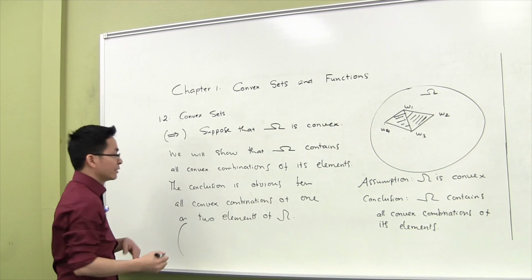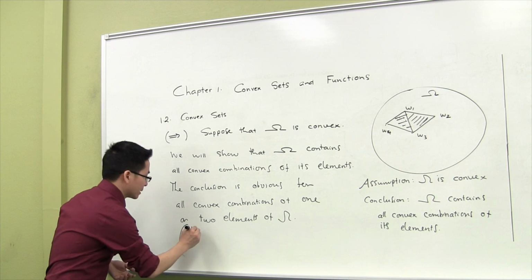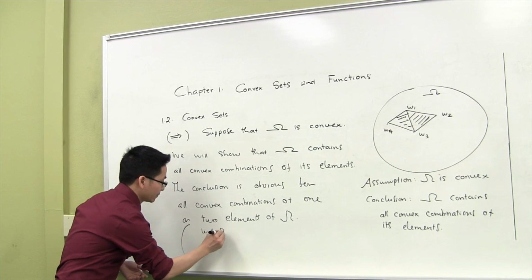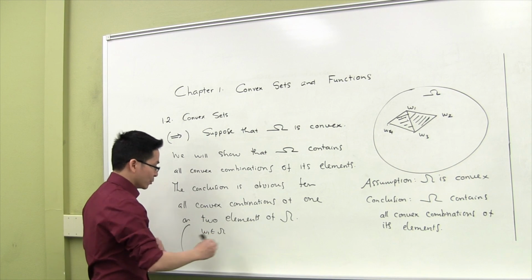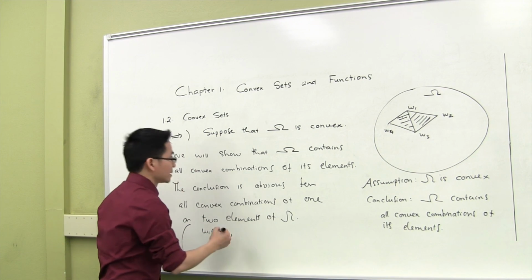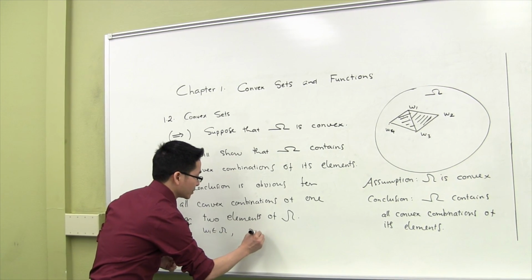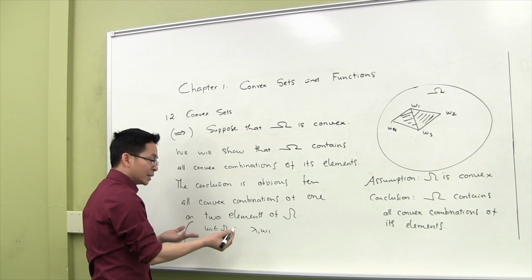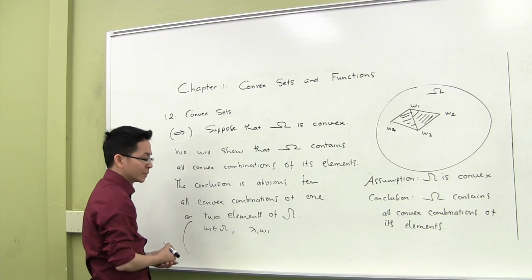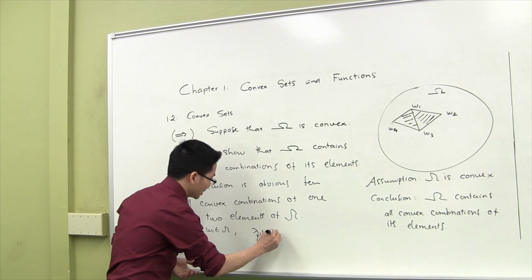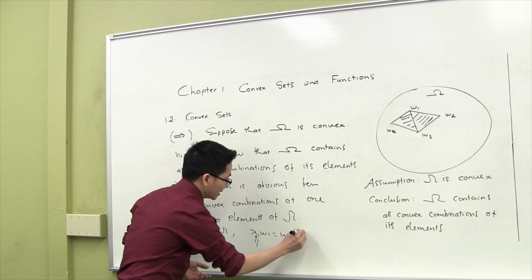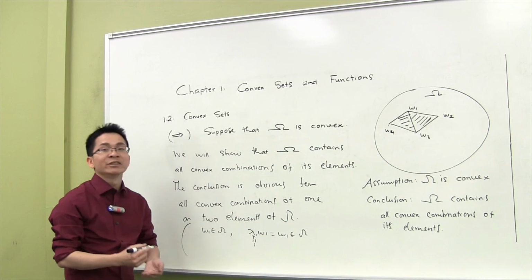For example, if we only have one element W1 in omega, then a convex combination of W1, as you can see, is just lambda 1 times W1. Because the sum of the coefficients should be 1, lambda 1 here is equal to 1. So this is just W1, and therefore it is in omega trivially.